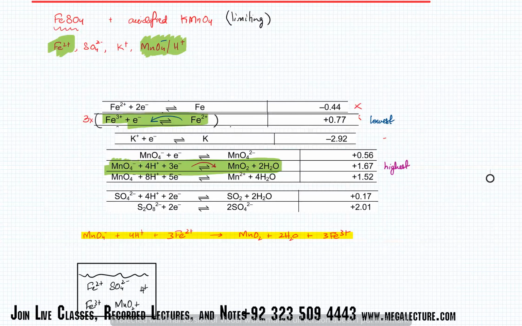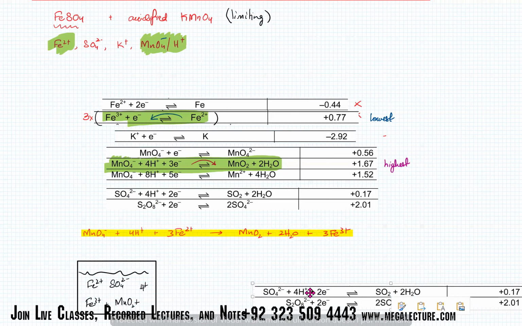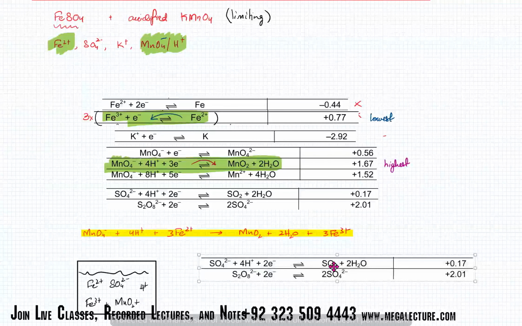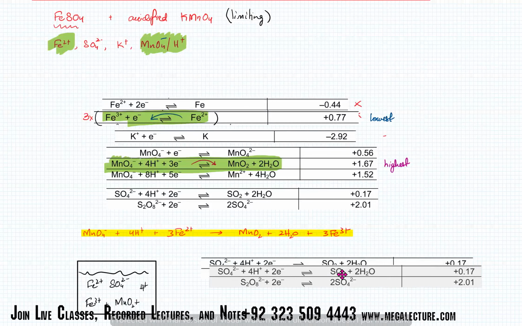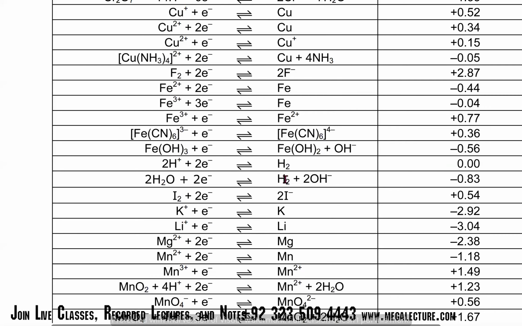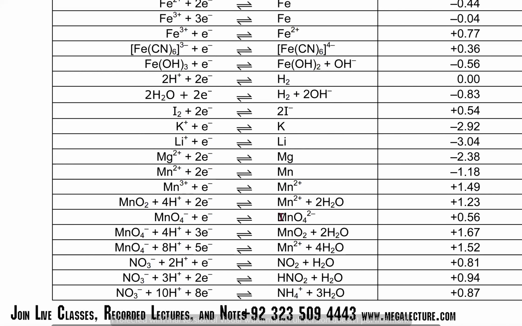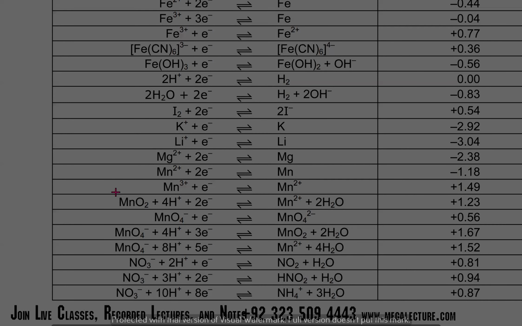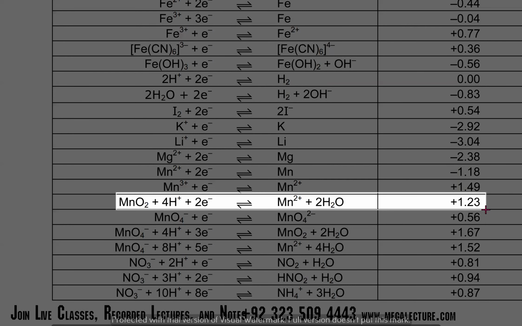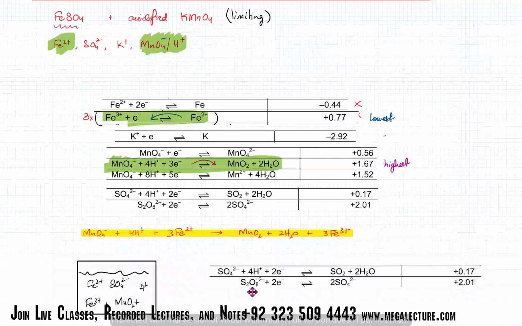The SO4 one is of no use, so it's not that important. All MnO4 equations, I'm going to leave them out. I'm going to go for MnO2 equations. After the first reaction I have MnO2, so I'm going to see if something happens with MnO2.